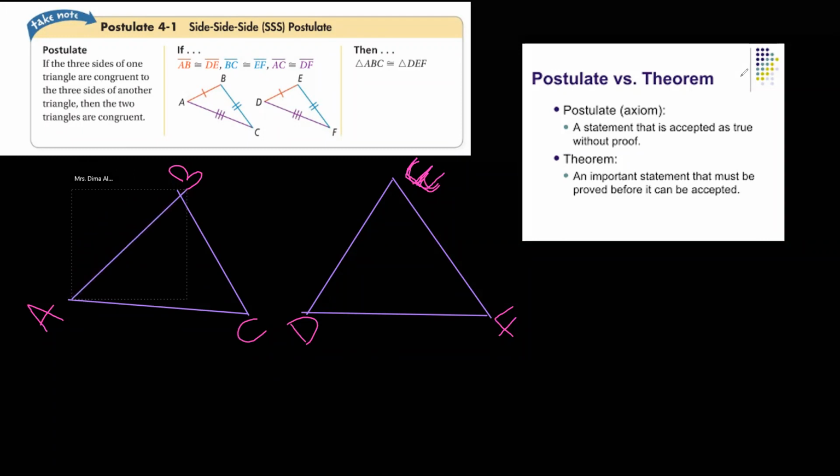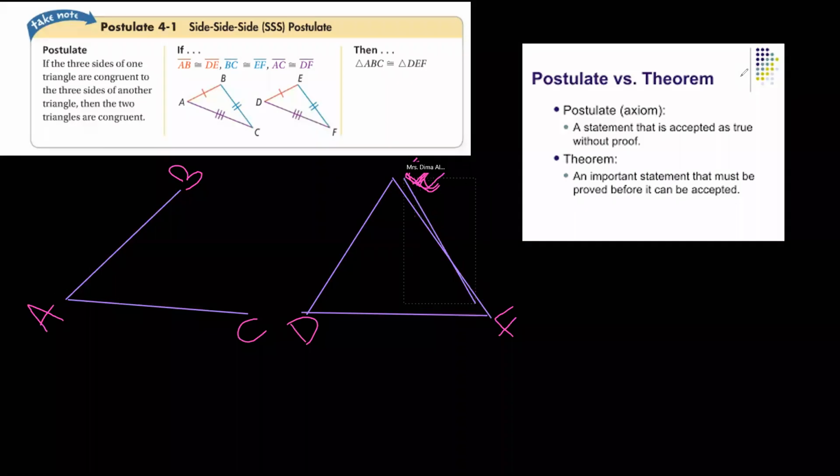If I say that this side is congruent to this side, and also this side, which is BC, is congruent to EF, and this side, AC, is congruent to DF, if all the three sides, I'm saying now, are congruent, I will say that my triangles are congruent.